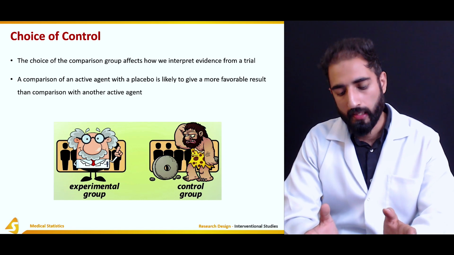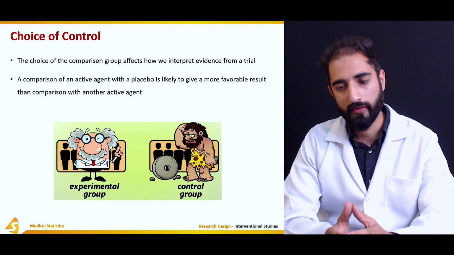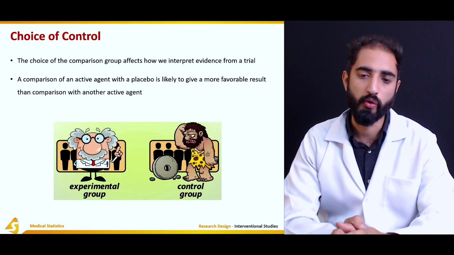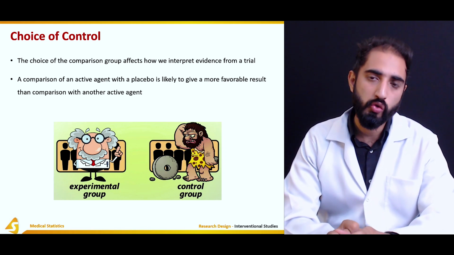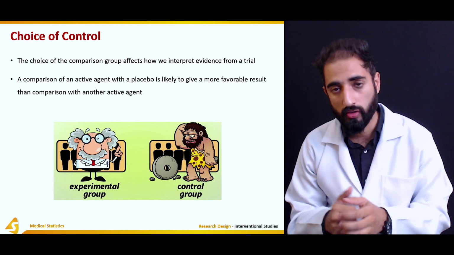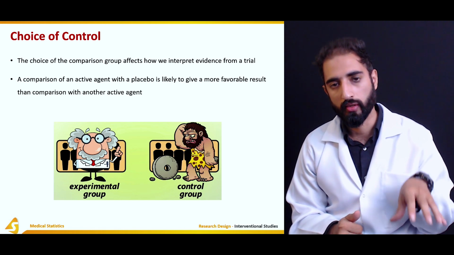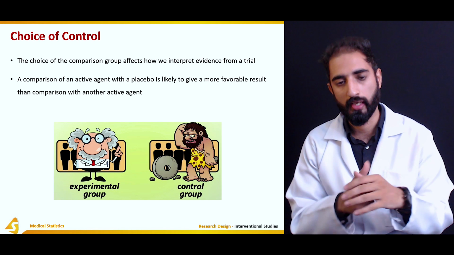Now, usually when we talk about interventional studies, there are two groups or more than two groups, and we are usually comparing the intervention in question with any other intervention or placebo or something like that.